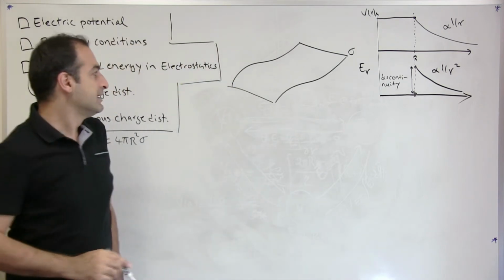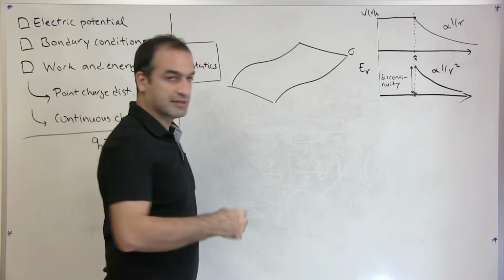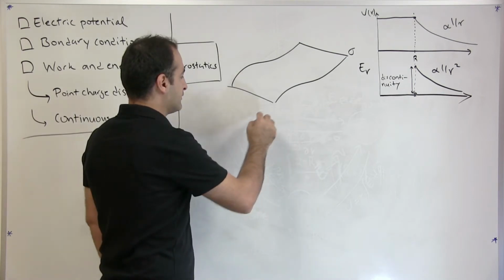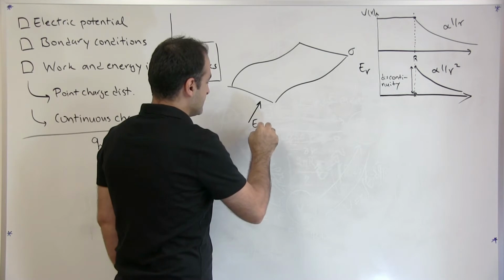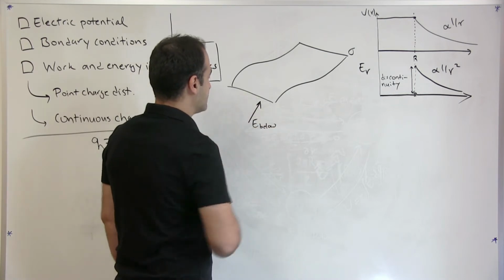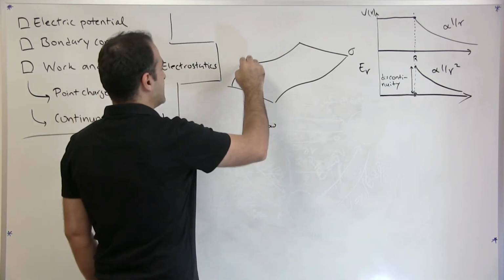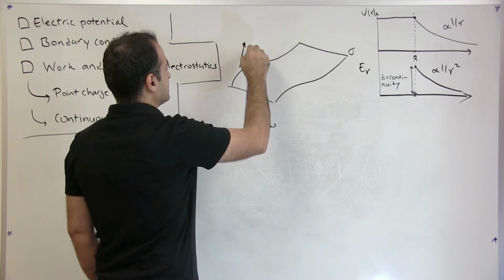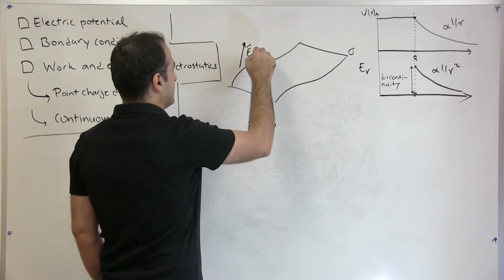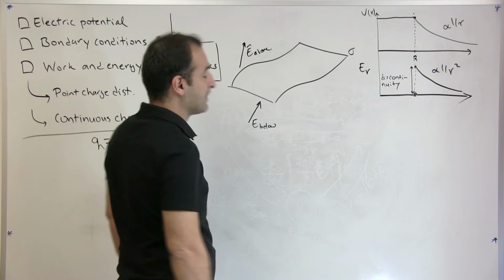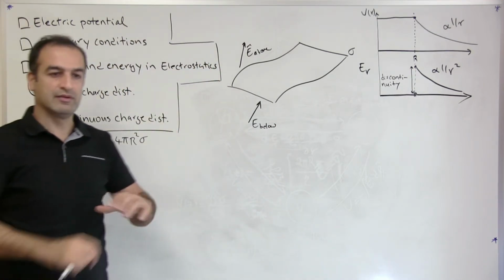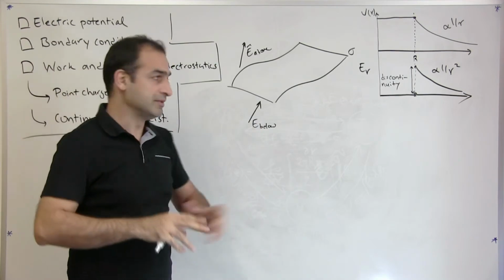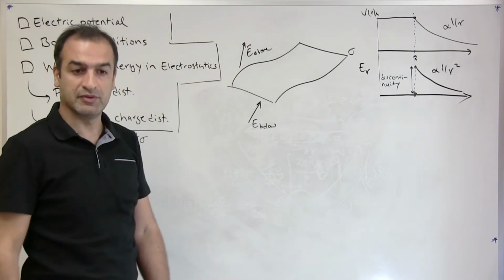Okay, now, let's imagine we have some random electric field, I would say here, E, which is below the surface. And also let's imagine we have certain electric field, E, above the surface, okay? These electric fields could be created by all other random charge distribution in the whole space, okay?